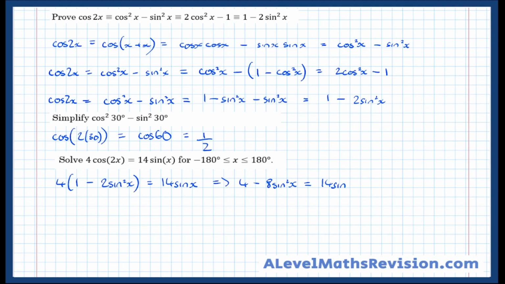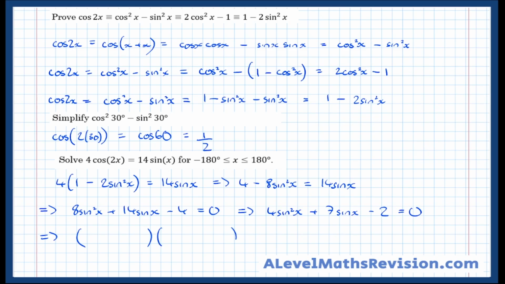Let's make it look a bit more like a quadratic, which means that 8 sine squared x, don't forget to put the x there, plus 14 sine x minus 4 equals 0. Let's divide both sides by 2 now to make it look simpler. So 4 sine squared x plus 7 sine x minus 2 equals 0.